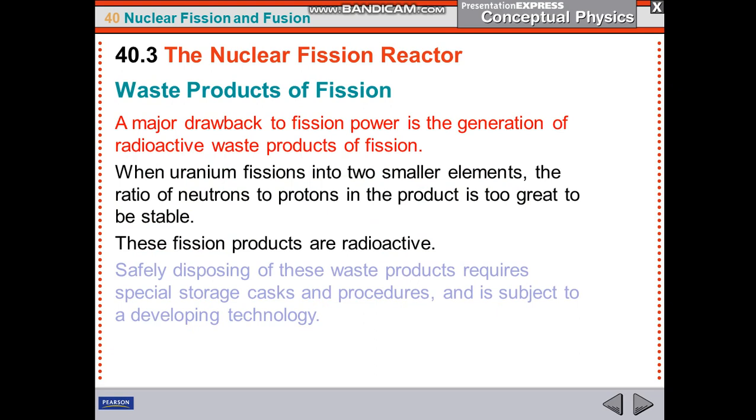Safely disposing of these waste products requires special storage casks and procedures, and is subject to a developing technology. So, this is a major drawback of nuclear fission reactors. Waste disposal has some risks and challenges, but the technology is still in progress.